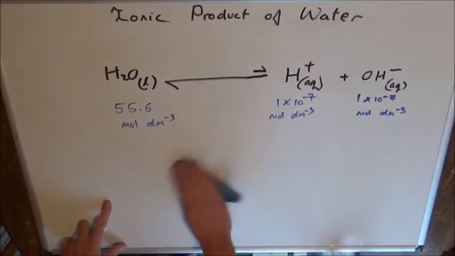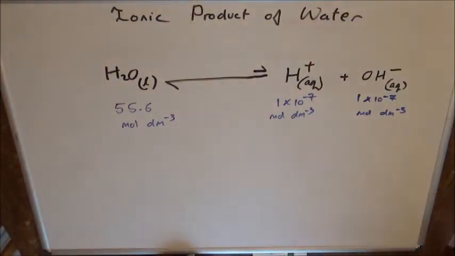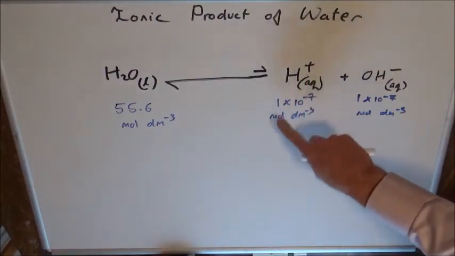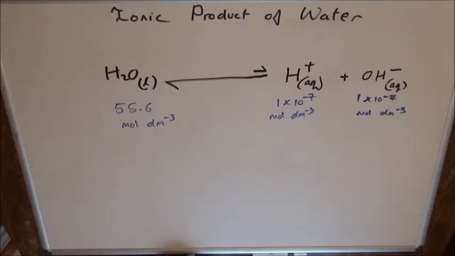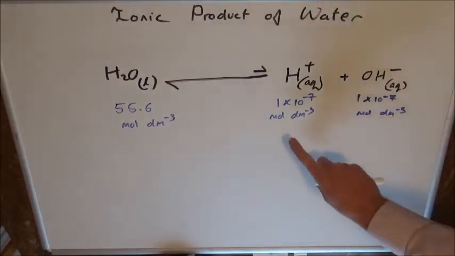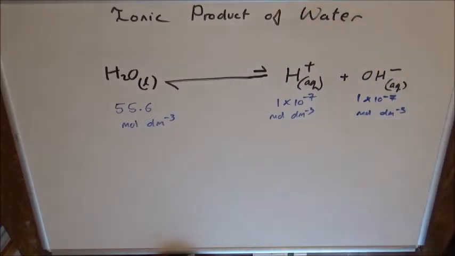Now this is dealing with pure water where you've got an equal concentration of H plus and OH minus, but supposing I add a small amount of acid to this, I'm going to increase the concentration of H plus ions. What would happen is that the equilibrium would move to the left because some of the extra H plus would react with the OH minus and form water.